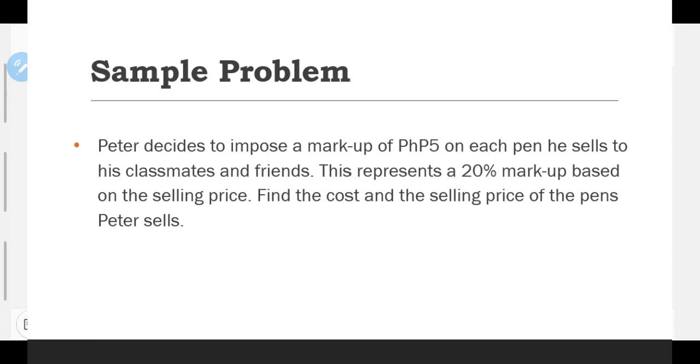Okay, sample problem number 4. So, Peter decides to impose a markup of 5 pesos on each pen he sells to his classmates and friends. This represents a 20% markup based on the selling price. Find the cost and the selling price of the pens Peter sells. So, ang given natin is markup na 5 pesos.